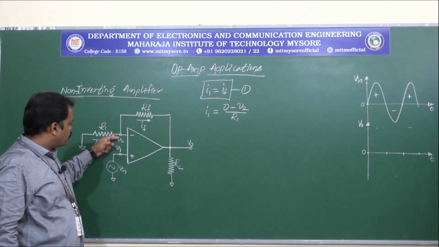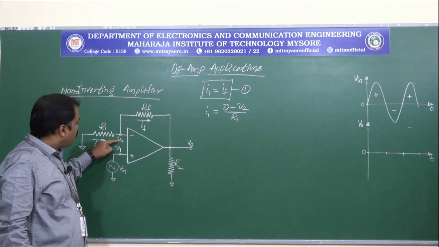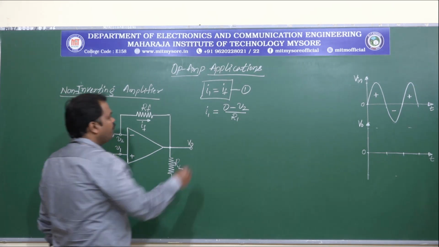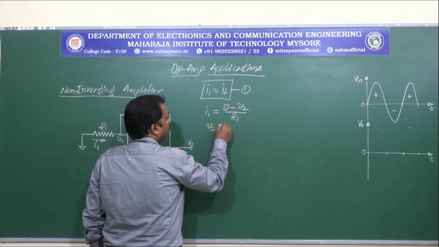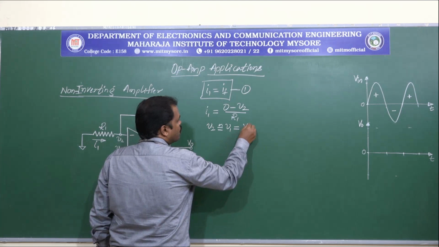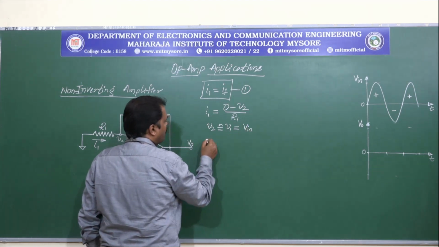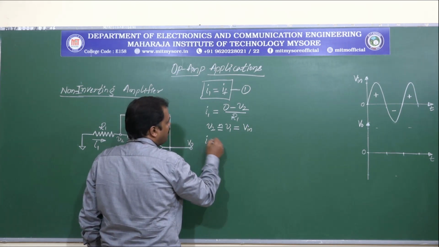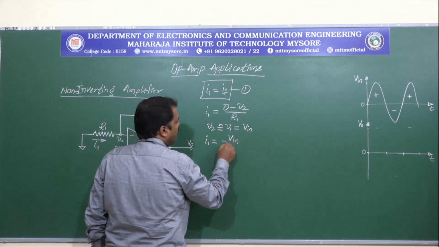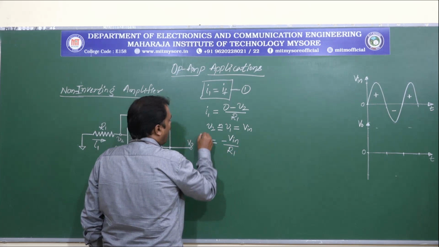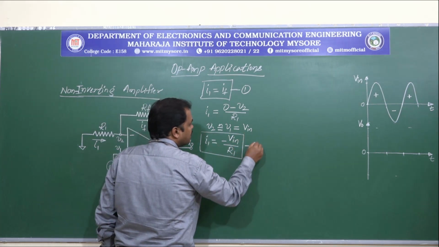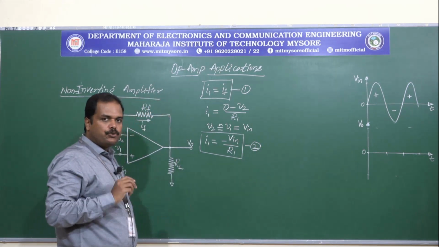Because of the virtual connection concept, V2 is approximately equal to V1, which is equal to Vin. So I1 can be written as minus Vin divided by R1. And let us consider this as equation 2.